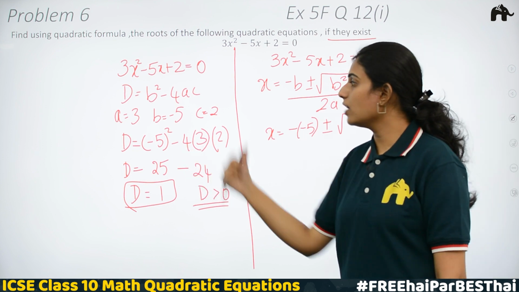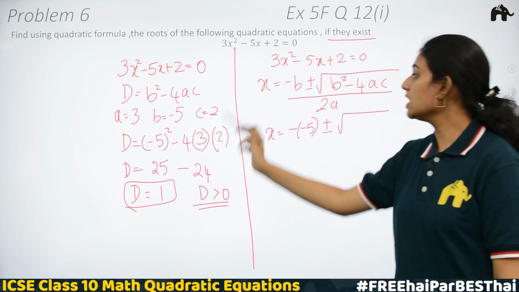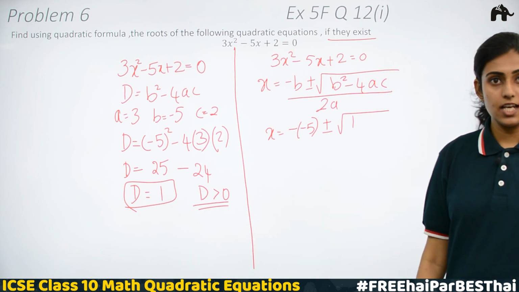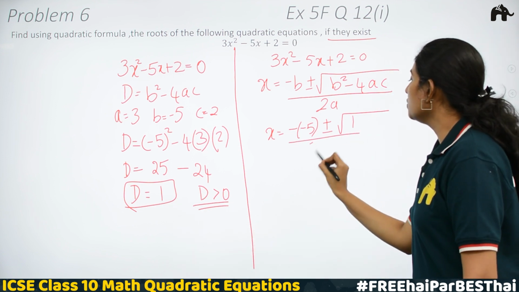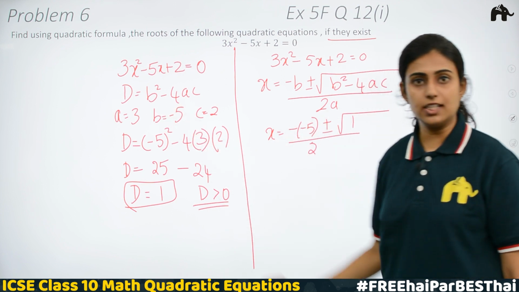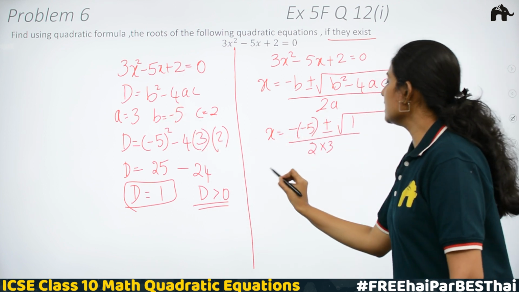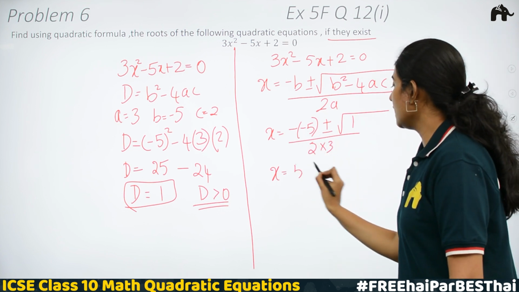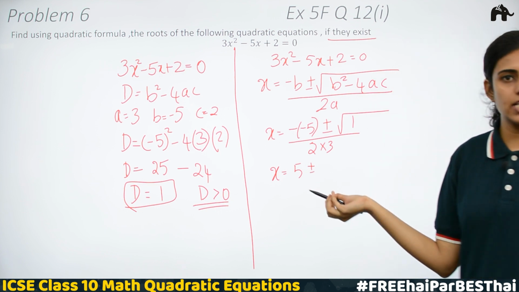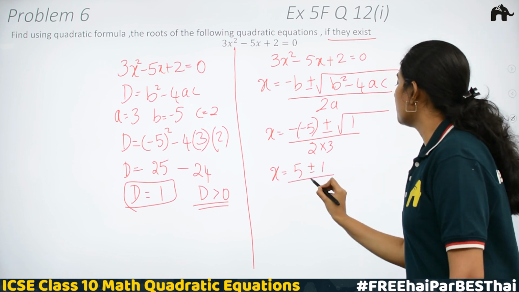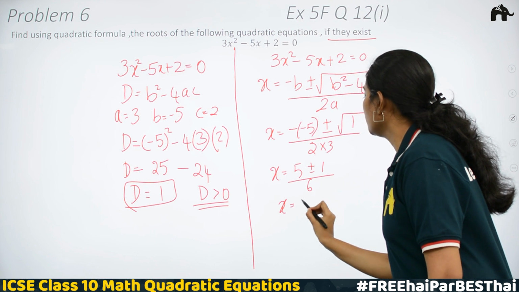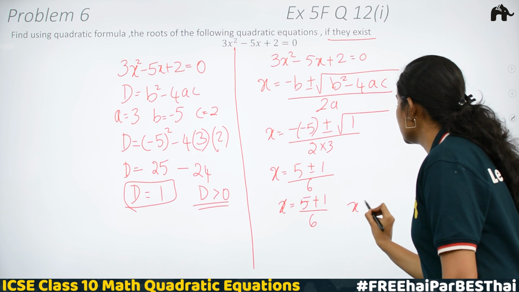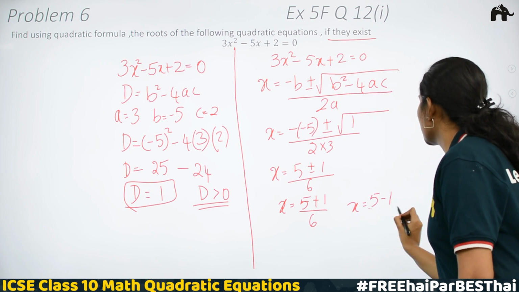We have the value of b² − 4ac here, which is 1, the discriminant. Root of 1, divided by 2a, 2 into 3. That is, x is equal to minus of minus 5 is plus 5, plus or minus root 1 which is 1, divided by 6. x is equal to (5 + 1)/6, or x is equal to (5 − 1)/6.